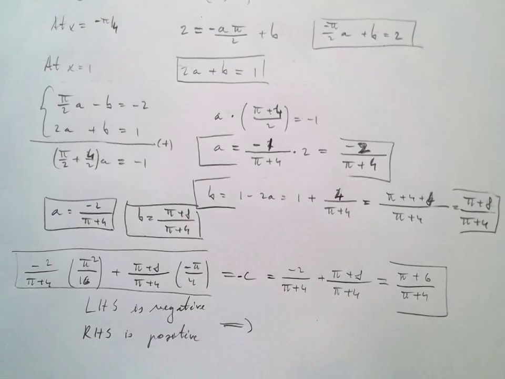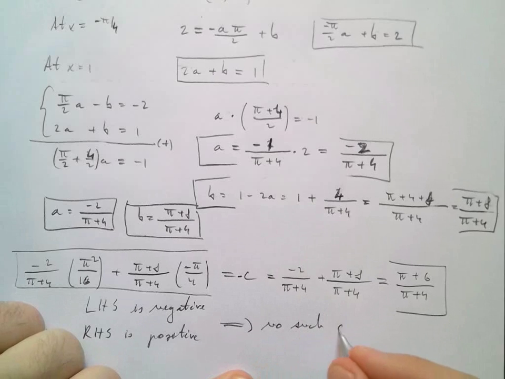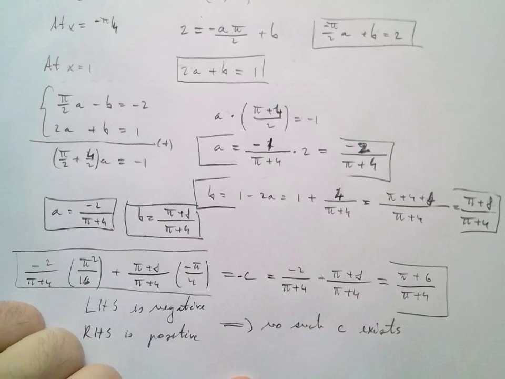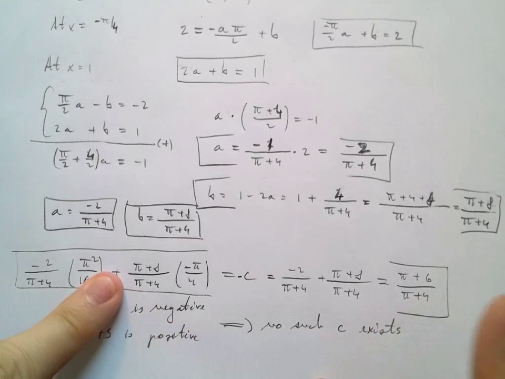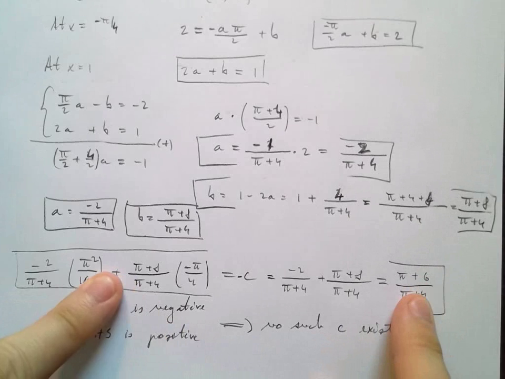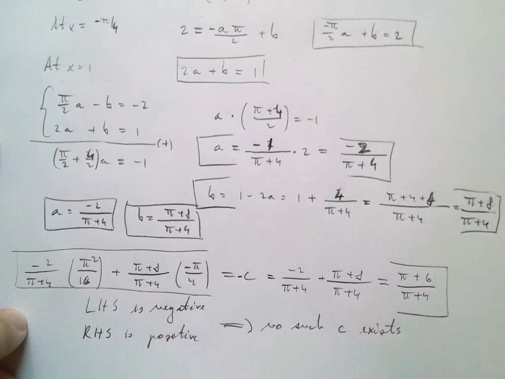So no such value of C exists, right? It's impossible to find C that satisfies both of these, where one of them is negative, the other one is positive. So that's why this one, you can't find an example of that is differentiable.